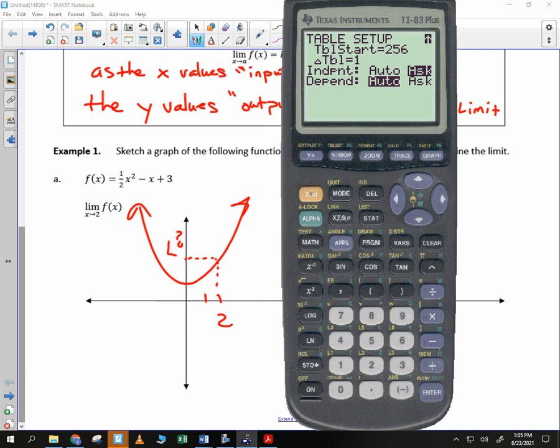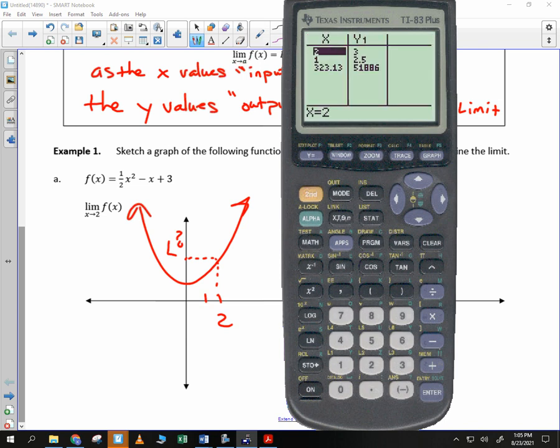And now I'm going to go to second graph or table. Now you should be able to type in values. I'm going to get close to 2. Can somebody think of a number close to 2? 1.9. Can somebody think of a number that's even closer to 2 than 1.9? 1.99.